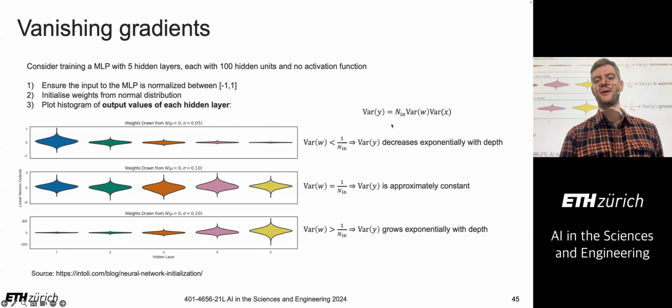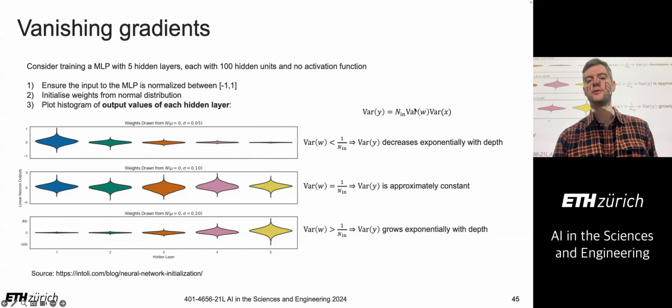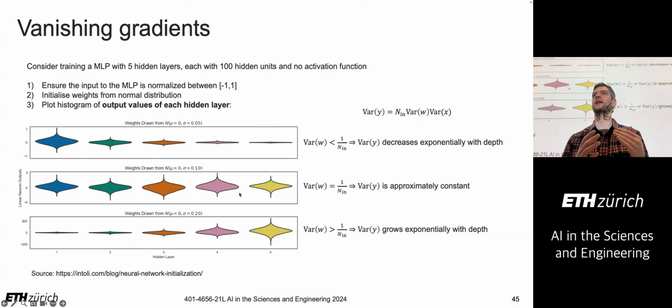So we know from this expression that the variance of y equals the number of inputs, so 100 in this case, times the variance of the weights times the variance of x. So it's really important to choose the variance of the weights so that we approximately keep the range of values between -1 and 1.